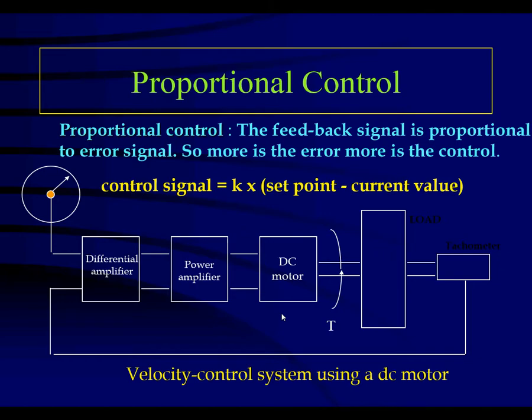Proportional control. This means the feedback signal is proportional to the error signal. So the more error, the more control. But you see, that not necessarily will produce the best answer. That's why we have other types of controllers.